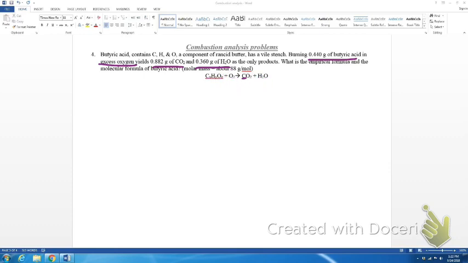So first of all, we have to keep in mind for this example, we cannot just stop in moles. We're going to have to go grams to mole, back to grams of C, and then you have to do the H and you have to do the O's.